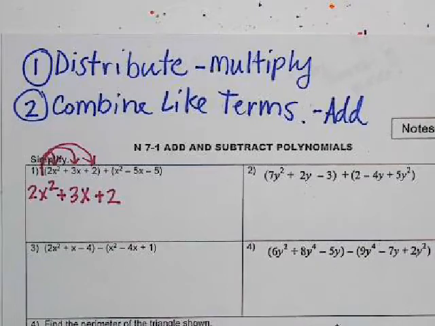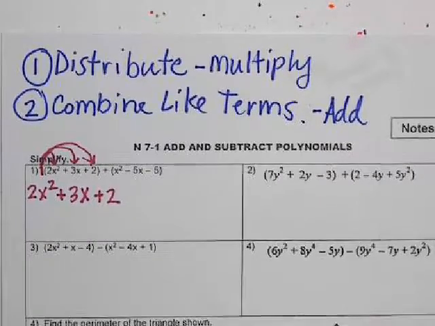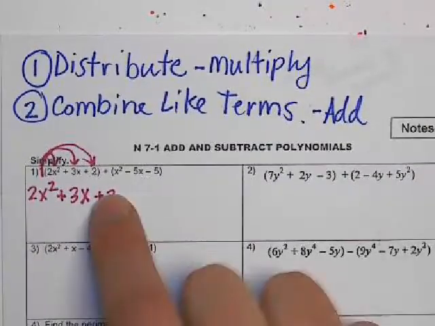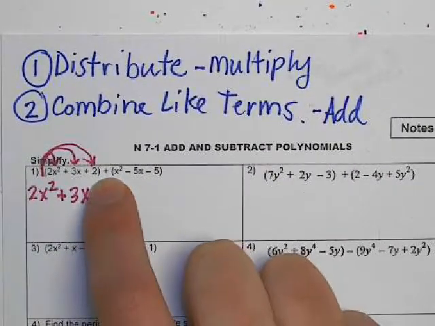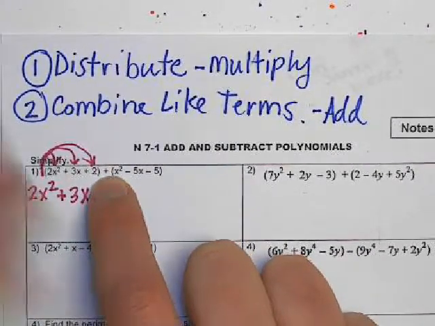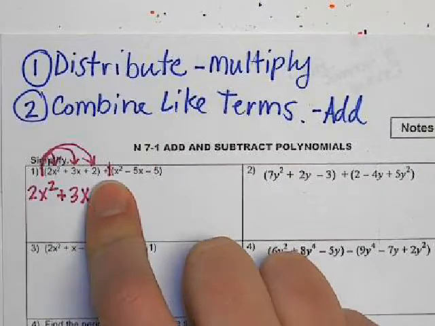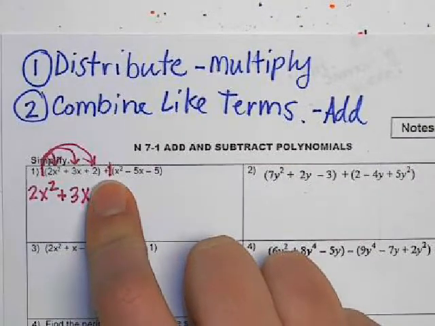Are you with me? Questions? Take your hood off. That was the first set of parentheses. Now I have to distribute the next set of parentheses. What number is on the outside? Positive 1. And anytime you multiply 1 to anything, you get the same thing.